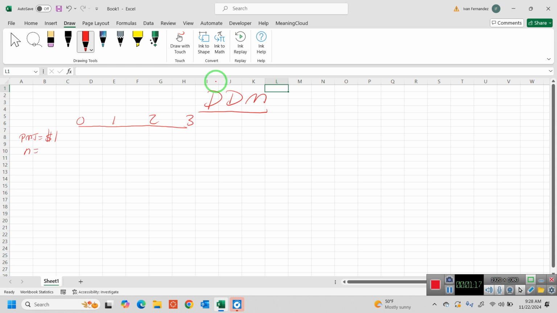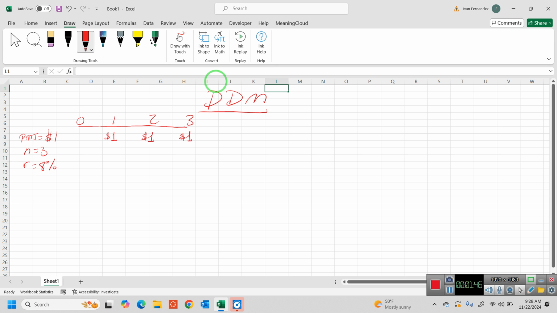The time is obviously 3 because it's 3 periods. And let's say that we have an interest rate of 8%. So you're going to get $1 on the first year, another dollar on the second year, and another dollar on the third year. It's an annuity for 3 years of just $1.